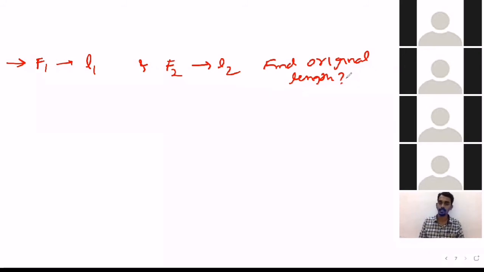Now what is the original length? They are asking. So tell me, how do you find it? You solve it and send me the answer. Did you understand the question? What is the question given? Take it as a challenge. Try to do it.